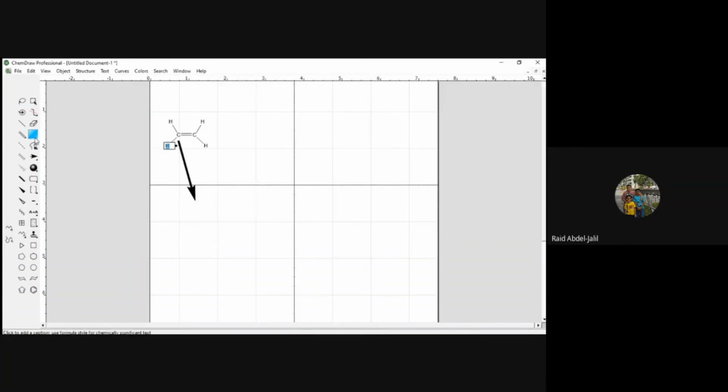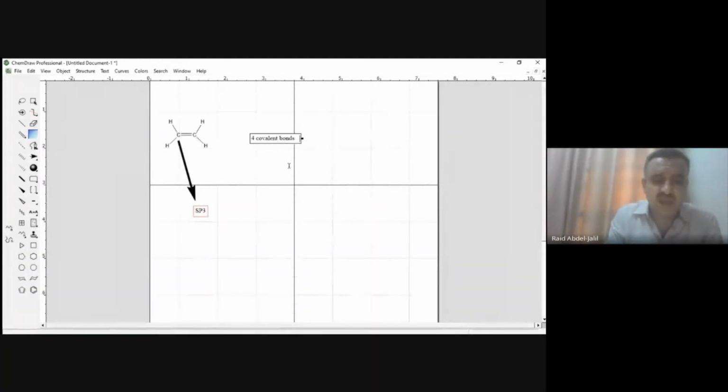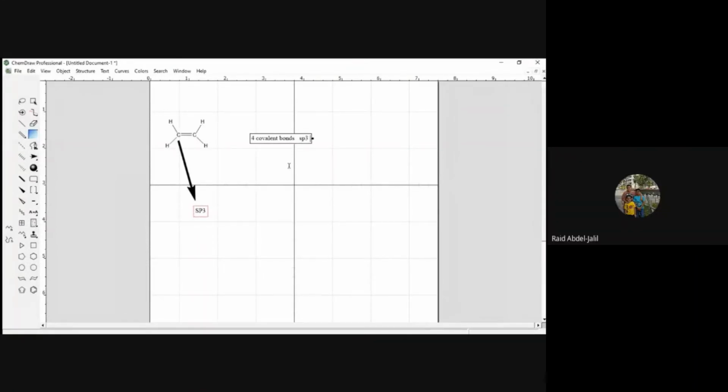The number of bonds and the hybridization depend on each other. In other words, if an atom needs 4 covalent bonds, then it will make sp3 hybridization.